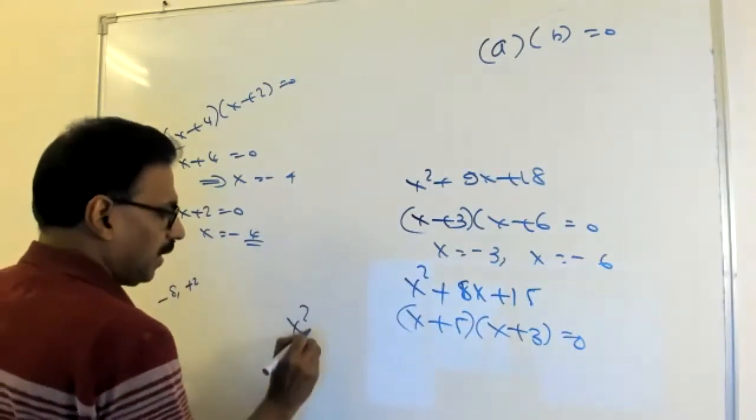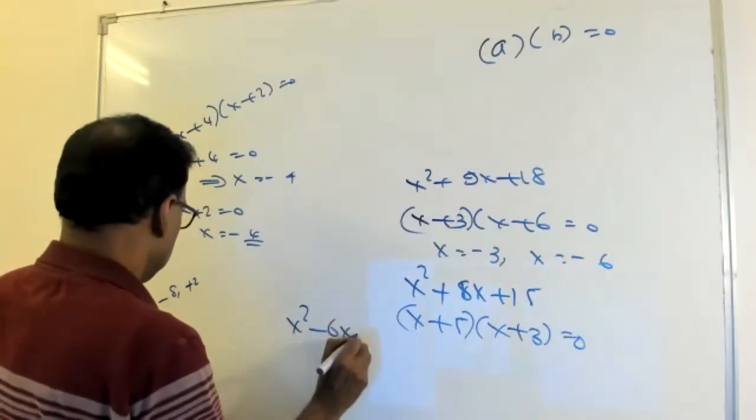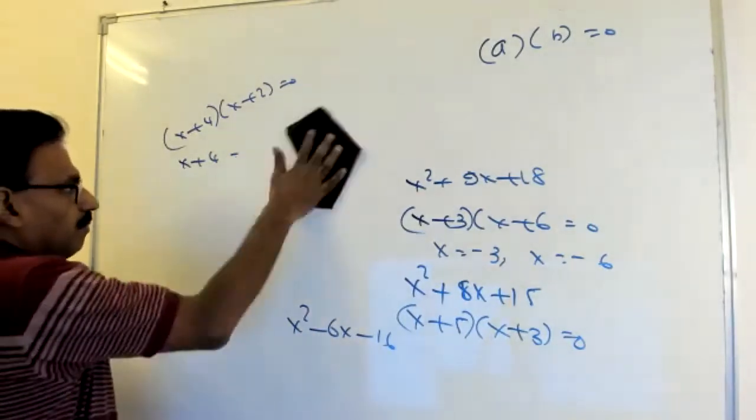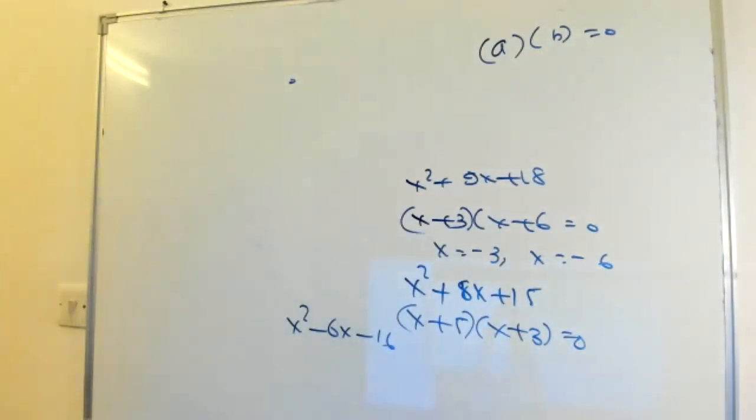Okay, the next one: x square minus 6x minus 16.